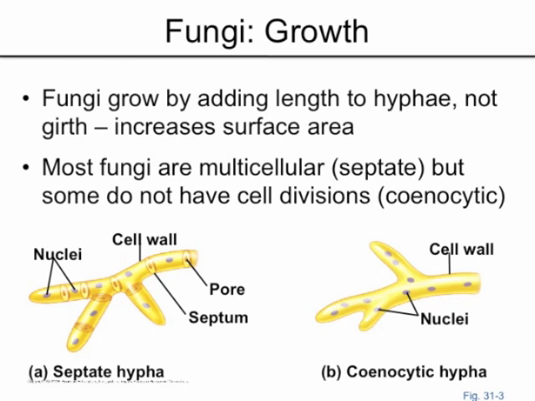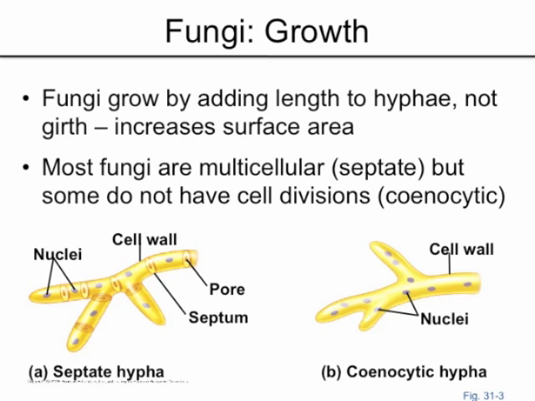Most fungi are multicellular, but some don't have divisions. So here on the left is a multicellular hyphae. Multicellular hypha would be the singular here. You can see there's cell walls, and then there are what are called septums. Septums are the divisions between different cells.